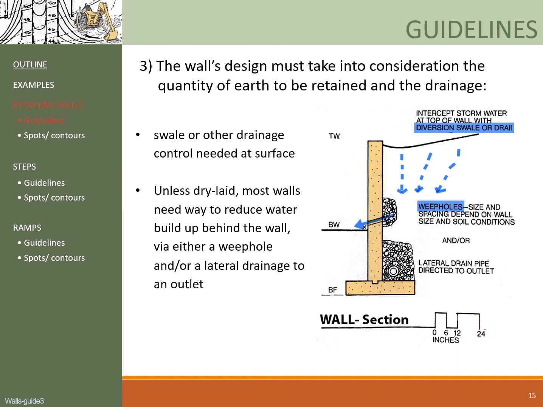Weep holes, as shown here, that are regularly spaced close to the bottom of the wall are commonly used. So if the wall is quite high, the number of weep holes will need to increase, not just close to the bottom anymore. It might need to be more evenly distributed in the vertical direction, even in a grid pattern.